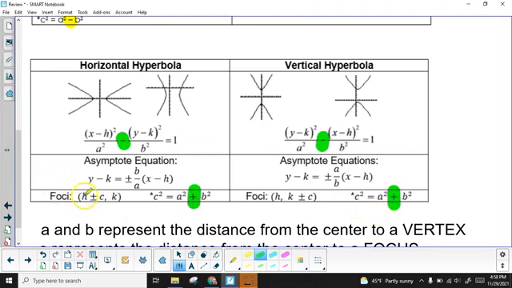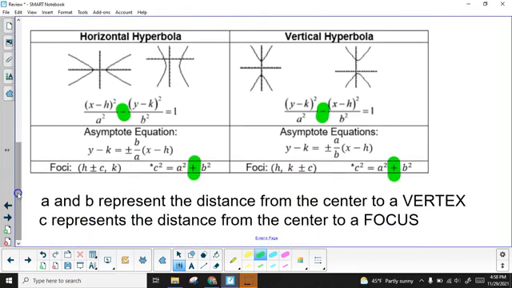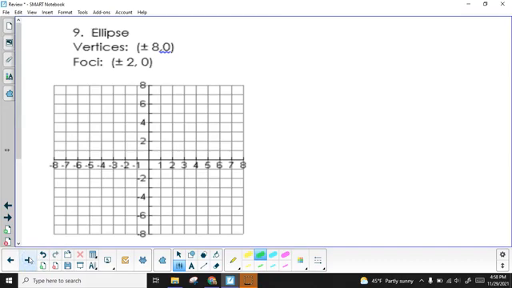And for these, the foci, once again, are (h plus or minus c, k) if it's horizontal, and (h, k plus or minus c) if it's vertical. You do need to know what a, b, and c represent. a and b represent the distance from the center to a vertex, and c represents the distance from the center to a focus point. Okay, so with that in mind, let's get started here.